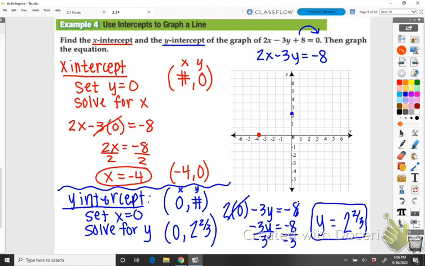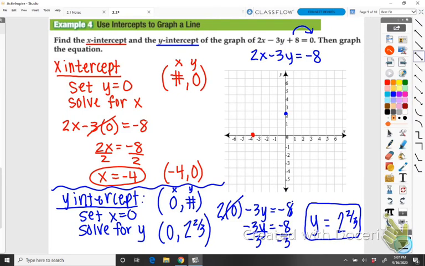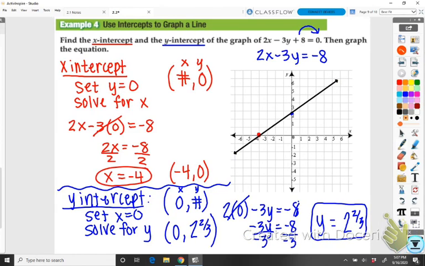And then we got to draw a line connecting these 2 points. Make sure the ends of your line have arrows on them. So graphing by intercepts, you have 1 point on the x-axis, 1 point on the y-axis, and then you just graph your line.